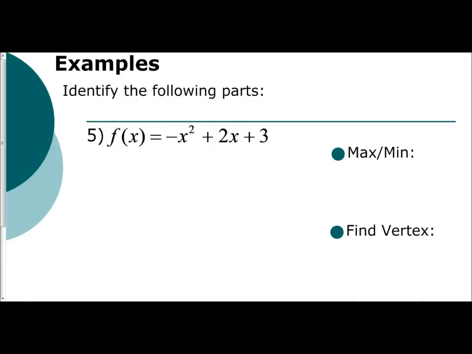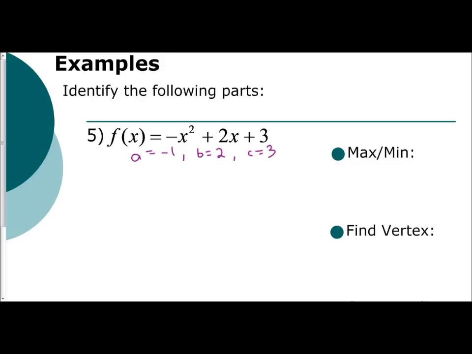In this example, we're asked to identify the maximum or minimum values of the function. So we have to determine if the vertex represents a max or min, and then find the vertex. And so when we're given f of x equals negative x squared plus 2x plus 3, the first thing I'm going to do is identify my a, my b, and my c values. So I see a is negative 1, b is positive 2, and c is 3.